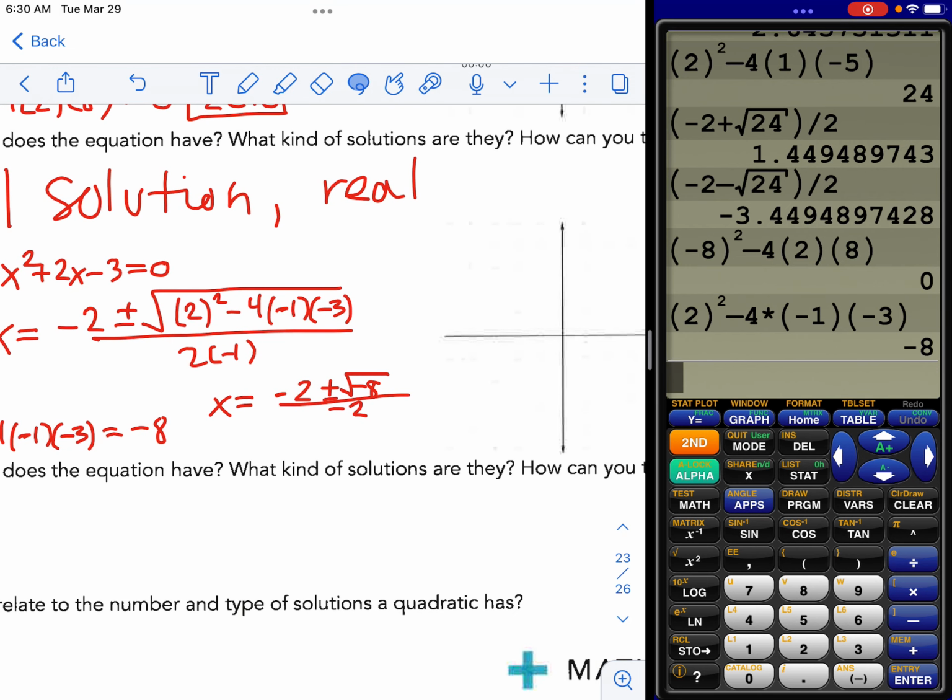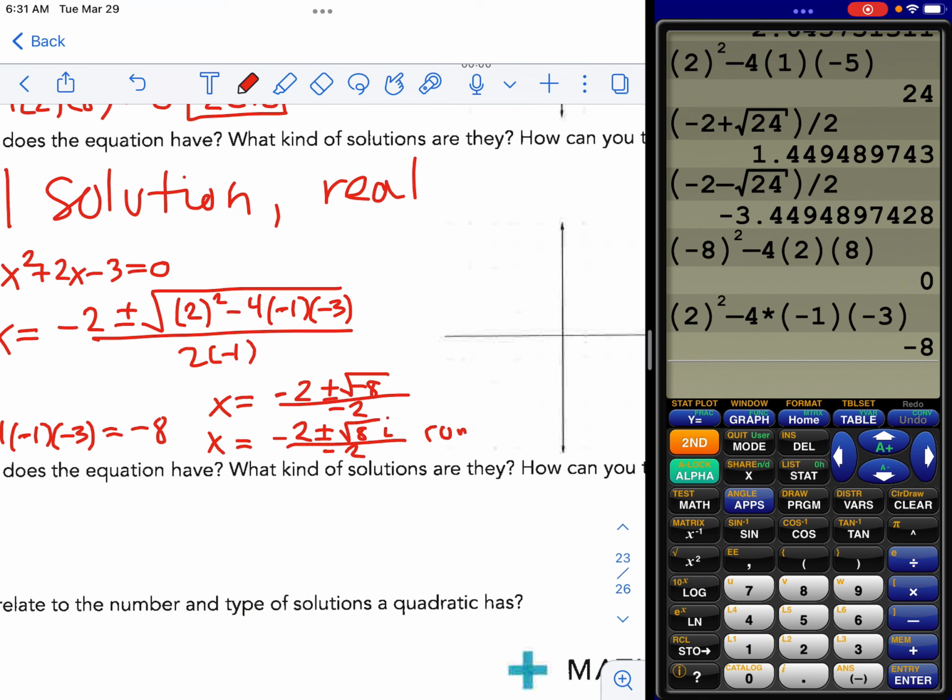And in this situation, we have that square root of -8. So I'm going to rewrite this as -2 plus or minus the square root of 8 times i. I'm going to get that negative sign out from underneath the square root, over -2.